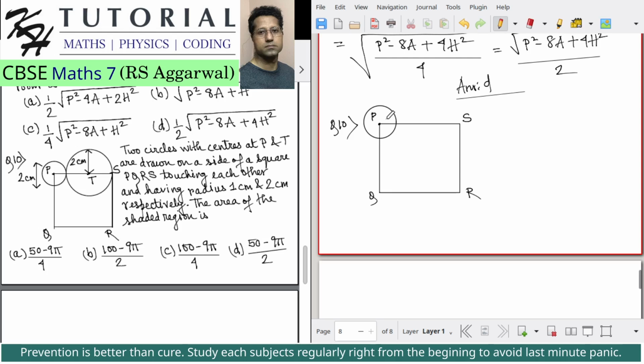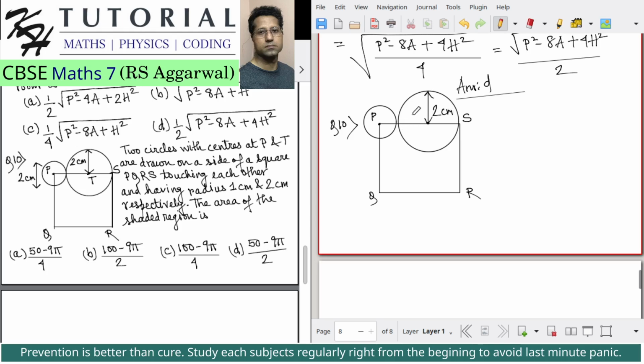Clearly in the figure, it is showing that the diameter of the circle with center at P is 2 centimeter, which means its radius is 1 centimeter. Also there is another circle that is touching this smaller circle and also touching the vertex S, like this, and the radius of this bigger circle is 2 centimeter.